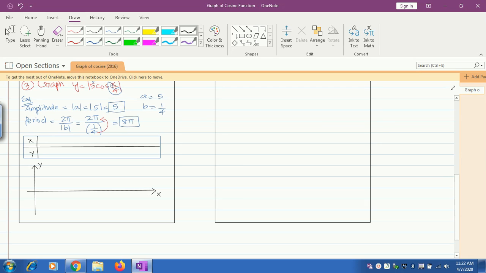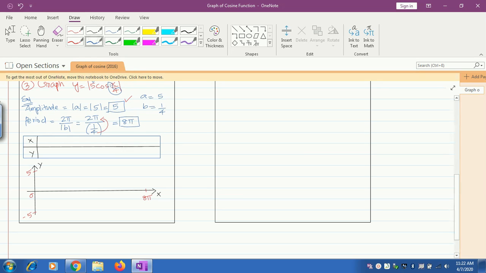Here we have the amplitude 0, here 0, and here what is the amplitude? It goes with 5 and minus 5, and the value of the full period is 8 pi.